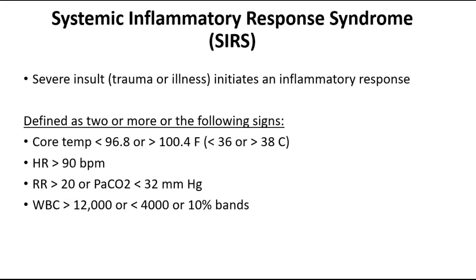Remember what bands are. They're immature neutrophils that rise in response to inflammation. So I want you to take a moment, look at the SIRS criteria, and think about why these signs and symptoms might be associated with inflammation.